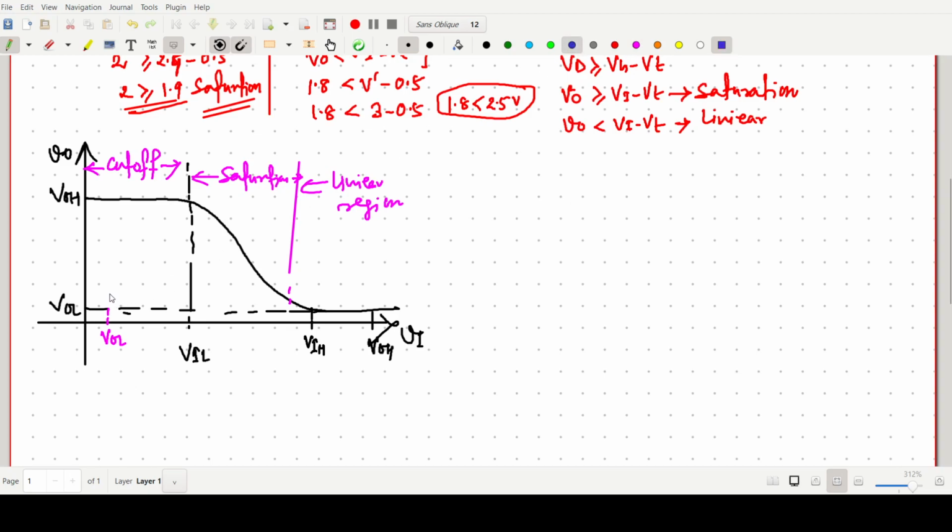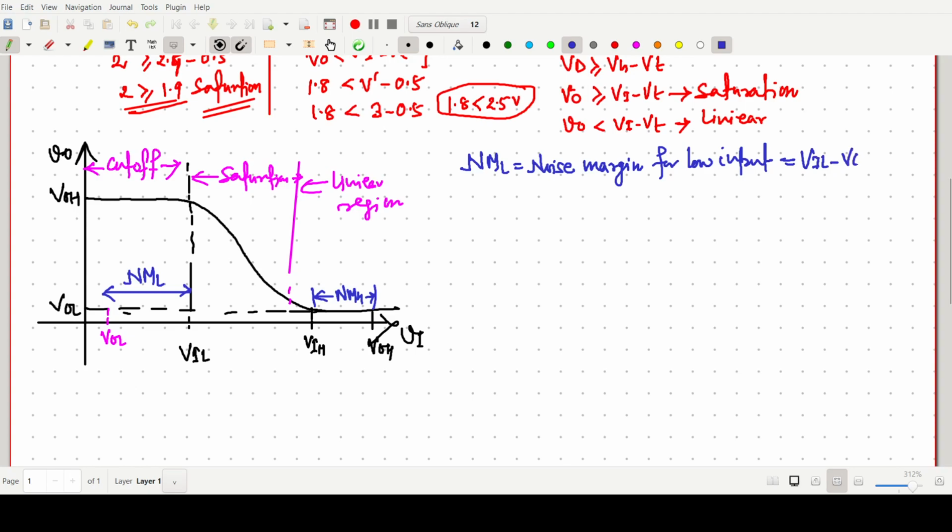This distance is our NML, and this one is NMH. NML is simply the noise margin for low input, and this value will be our VIL minus VOL.